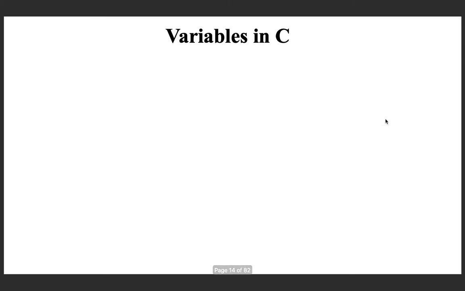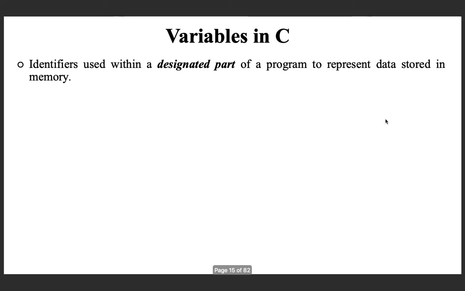Now we can see what variables are in the C language. Variables are identifiers used within a designated part of a program to represent data stored in memory. So this is a very important concept. Variables are identifiers.